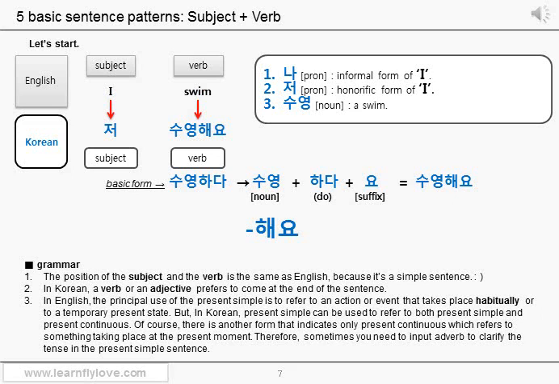Please see the vocab box on the right. There are two I's in Korean. Well, there are more, but these two will be enough for you for a very long time. 나 and 저. 나 is used in an informal sentence. If you use 나 in an honorific sentence with the suffix 요 or 니다, it will sound a little bit strange.